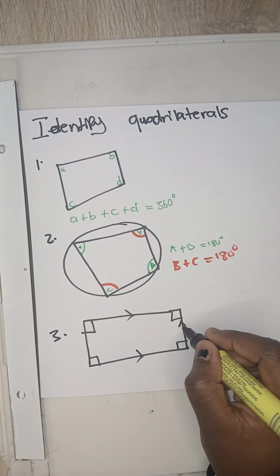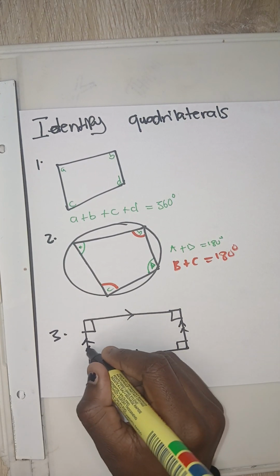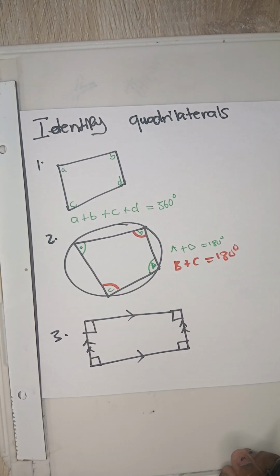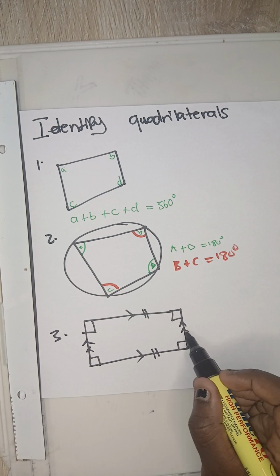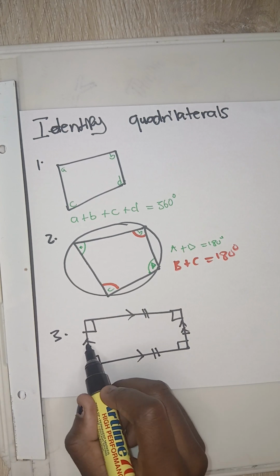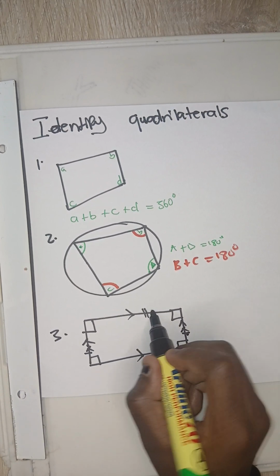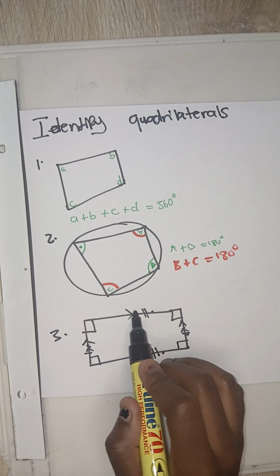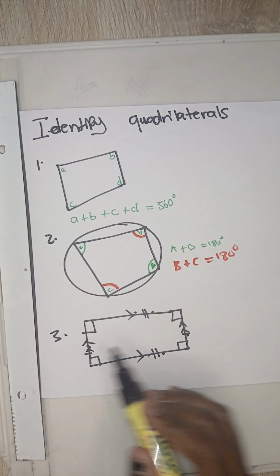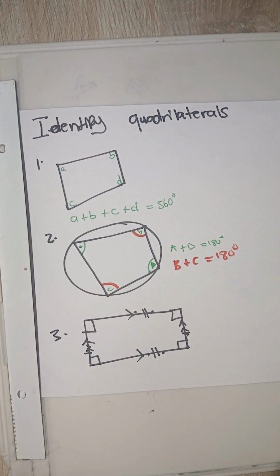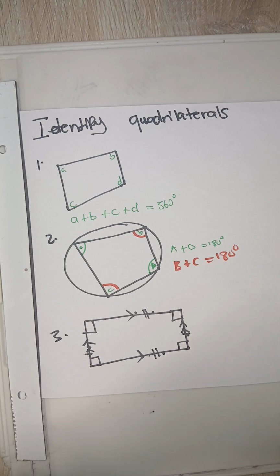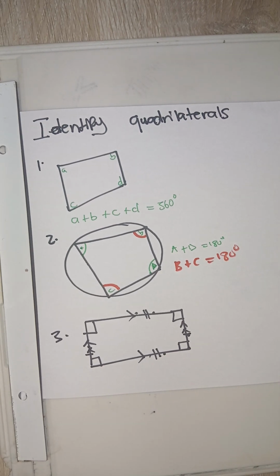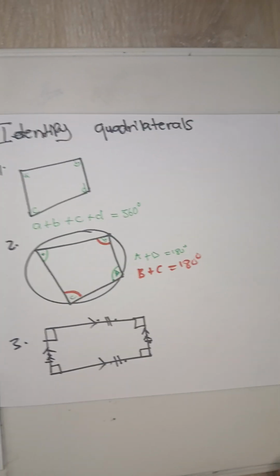Again, these two lines are parallel. And they are also equal. This line is equal to this one. This line is equal to this one. And this line is parallel to this one. And this line is parallel to this one. That is a rectangle. Did I say rectangle the first time?